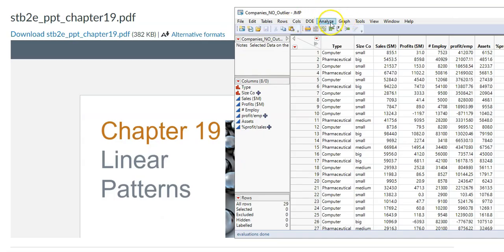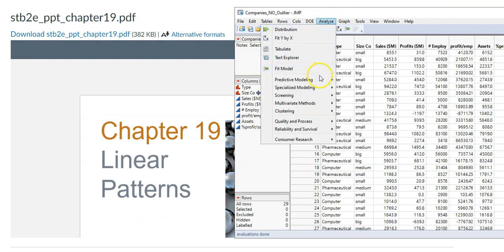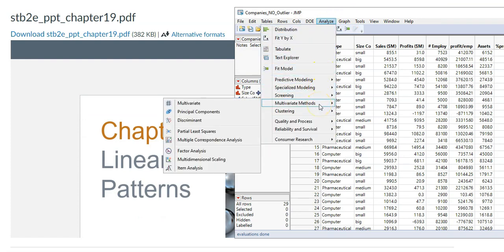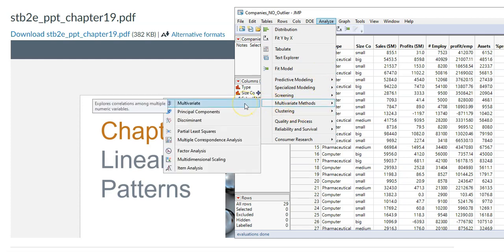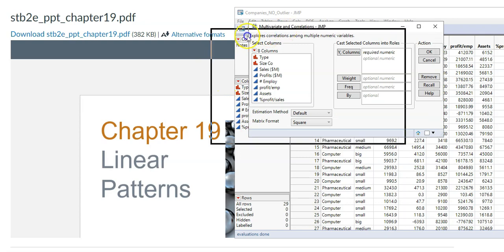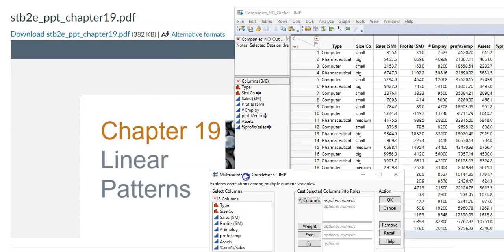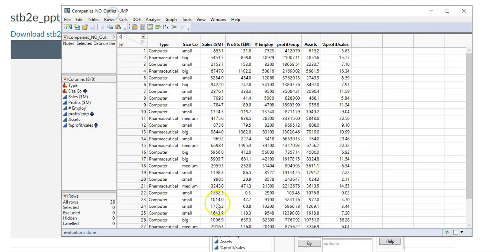So let's go to Analyze to run this comparison. Click on Analyze, then Multivariate Methods, and Multivariate. Very simple, right?